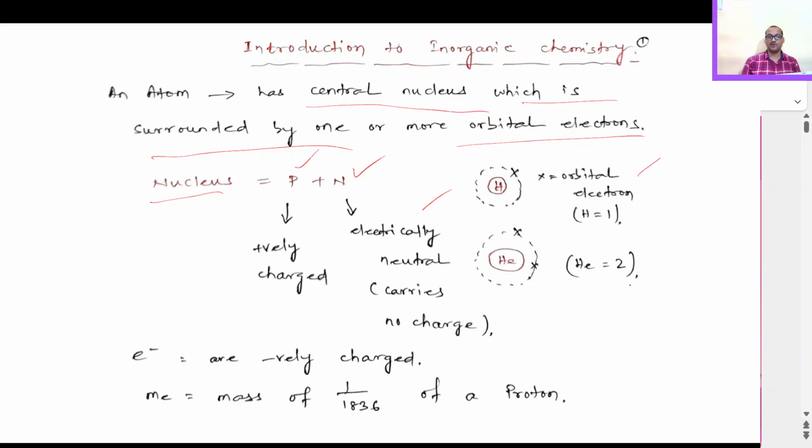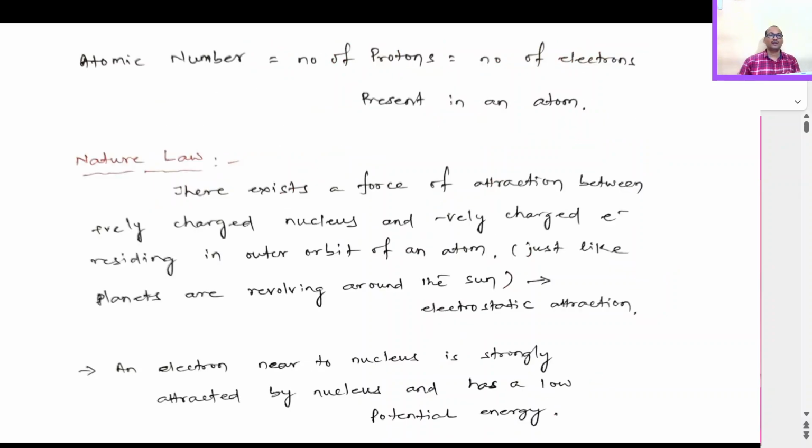For helium, you will have two electrons in its outermost orbital. Electrons are negatively charged particles, and the mass of an electron is 1 by 1836 that of a proton. So what is atomic number? That is equivalent to the number of protons or the number of electrons present in an atom.